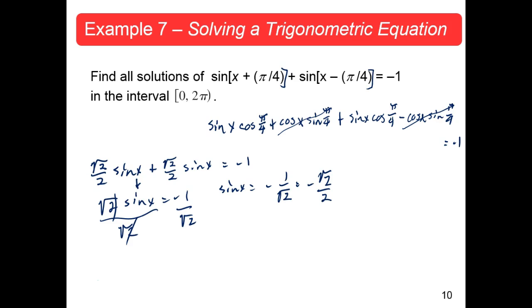Well, I know it's no angle in the first quadrant. Why? Yeah, it's negative, so it can't be in the first quadrant. How about the second quadrant? Sine is positive in the second quadrant. Can't be there either. How about the third quadrant? Could be. At what angle?